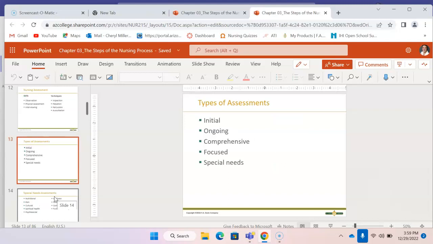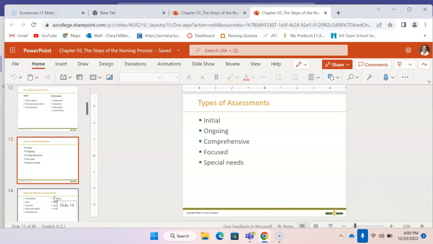Okay, so again, what kinds of assessments do we do? We do them all the time. Different ones, different reasons. So a full head-to-toe assessment is an initial assessment. You should do a full head-to-toe assessment on everybody the first time you've ever seen them because you're getting a baseline.